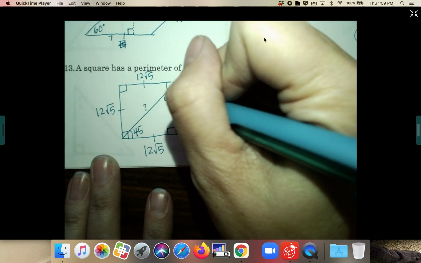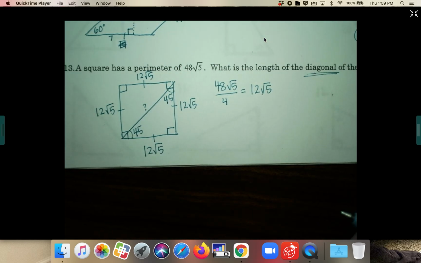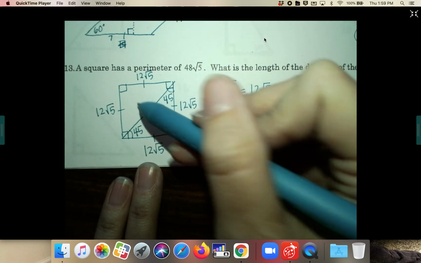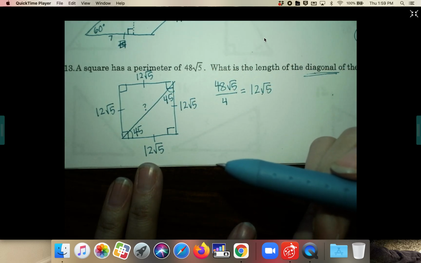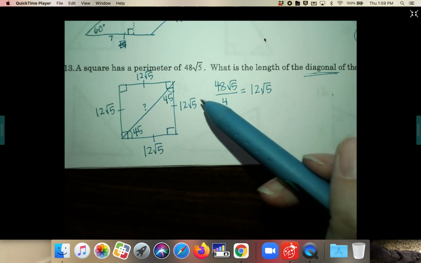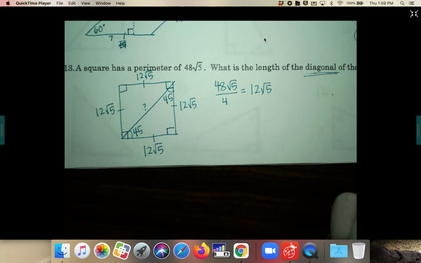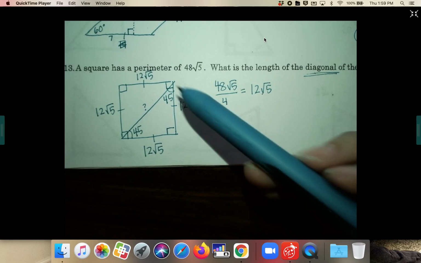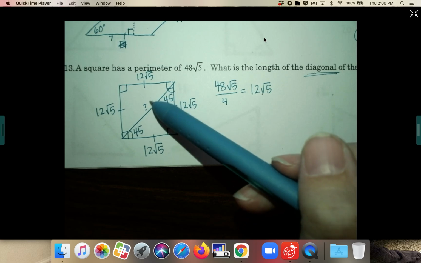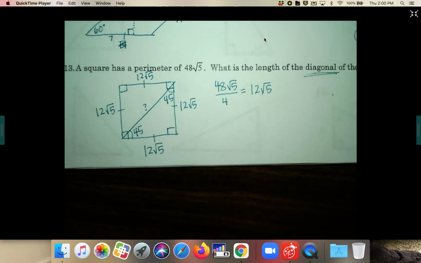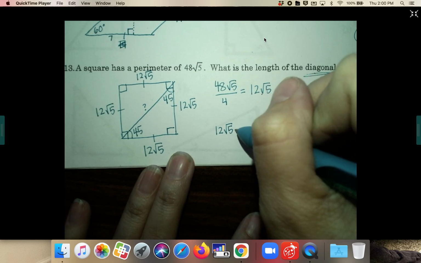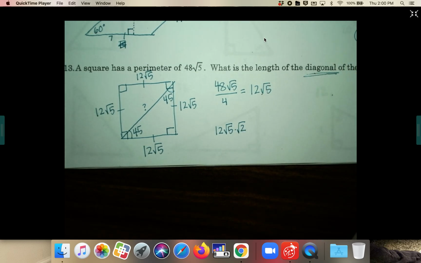So a 45, 45, 90 triangle, the rules are this is x, and what we're looking for is x root 2. So if 12 times the square root of 5 equals our x, and we need to put x times the square root of 2, then it's going to be 12 root 5 times root 2.